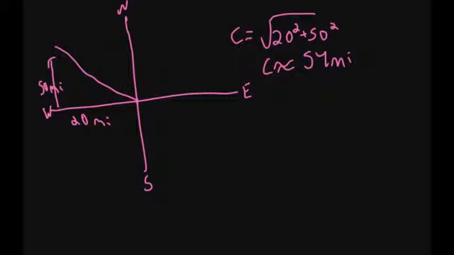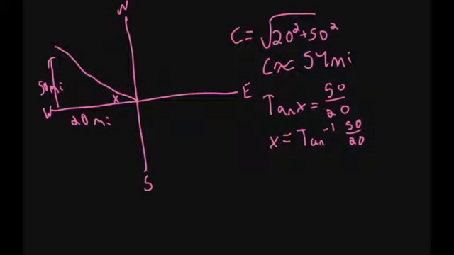Next, we need to find the direction it's going. We don't know what the angle is there, we'll call it x. Let's find that. We're going to need to use tangent for that. So the tangent of x equals 50 over 20. So we're going to do the inverse tangent. So x equals the inverse tangent of 50 over 20. Type that in the calculator.